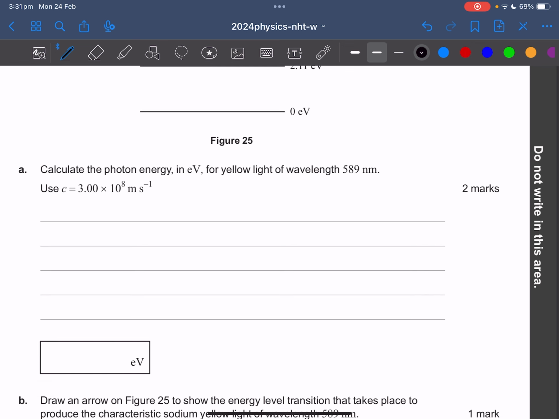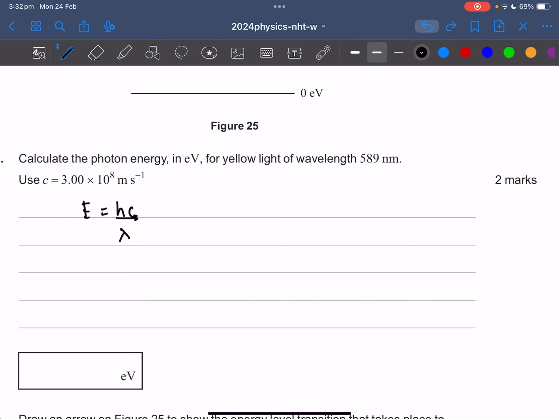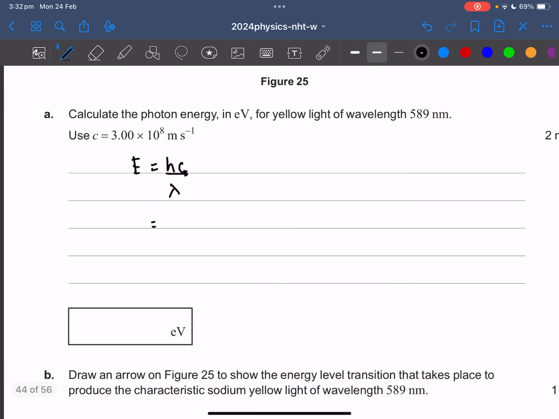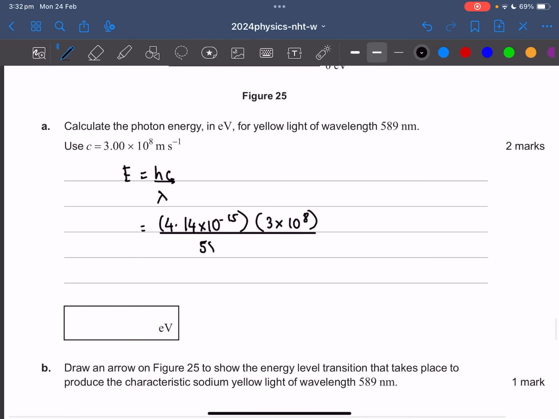Okay, so since we are dealing with a photon, we have to use E equals hc on lambda. And since we are calculating energy in eV, we have to use h equals 4.14 times 10 to the minus 15. So we'll have 4.14 times 10 to the minus 15 times the speed of light, 3 times 10 to the 8, divided by the wavelength, 589 nanometers, times 10 to the minus 9.